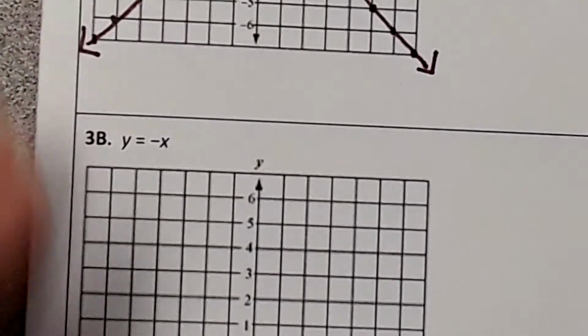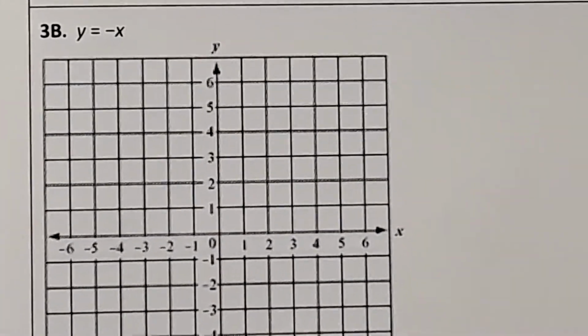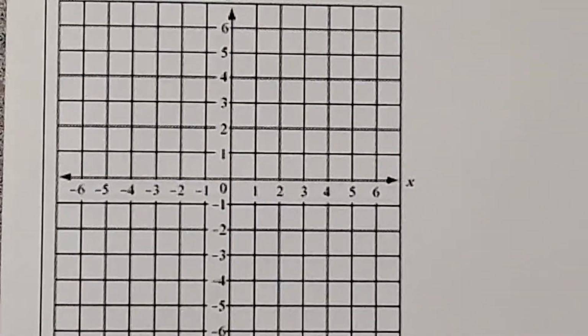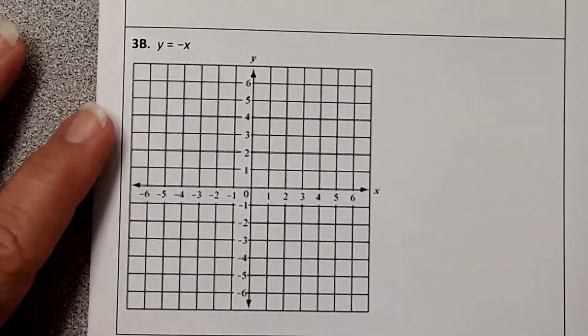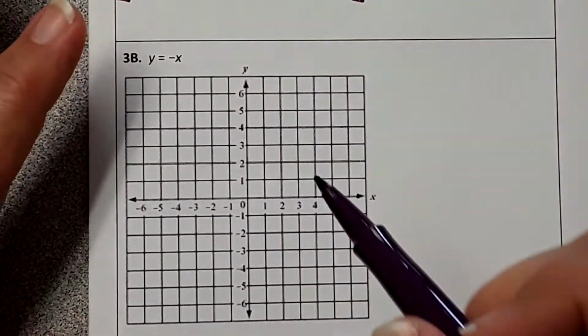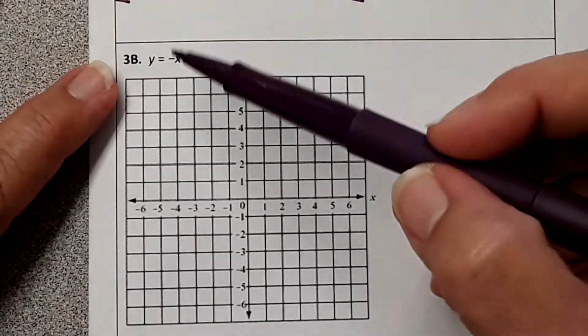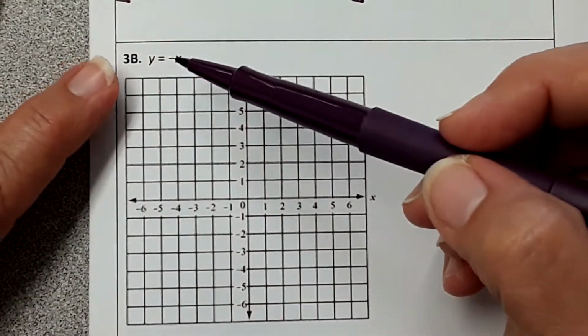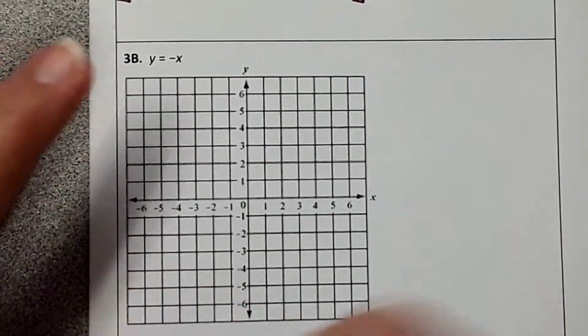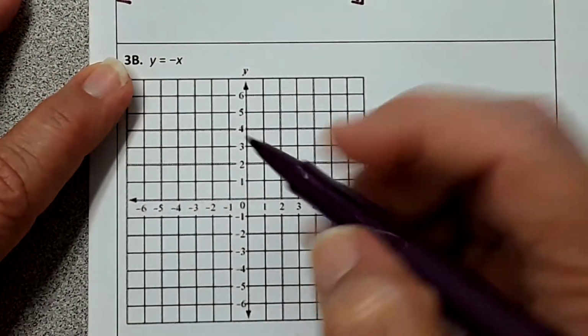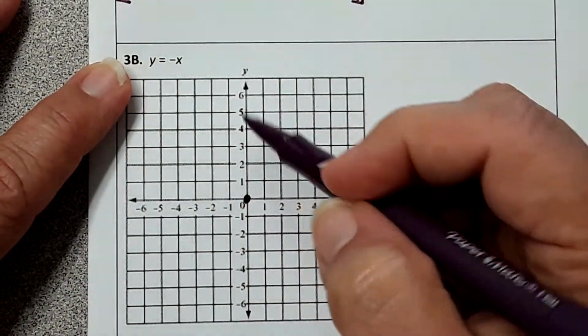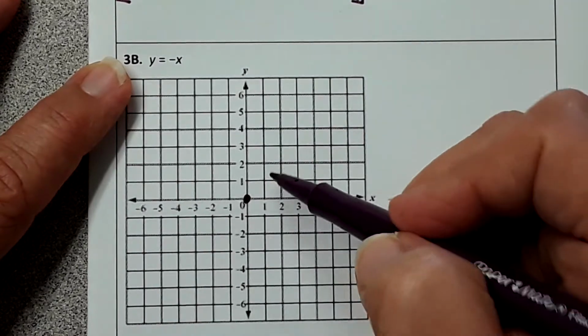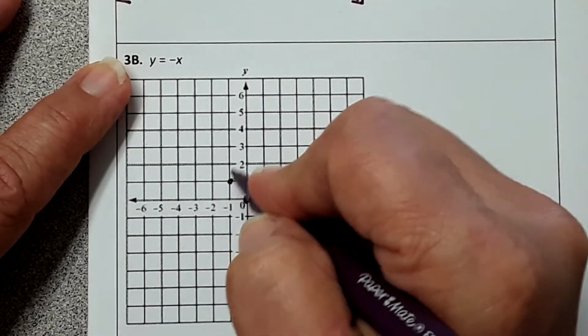Now let's look at 3b. The parent function would be a line, but because this is negative x and this is kind of like inside, what it's going to do is we're going to start at 0, 0, but instead of going up 1 to the right one, we're going to go up 1 and to the left one.